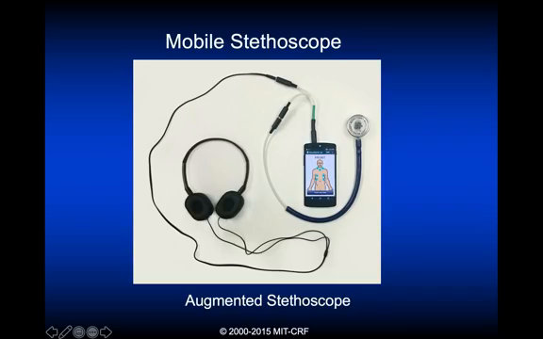We have a very simple design: we put a microphone inside the stethoscope itself, and with the headphones, this allows the doctor to listen to the lung sounds, but more importantly, the mobile is also recording the sound and analyzing the sound.